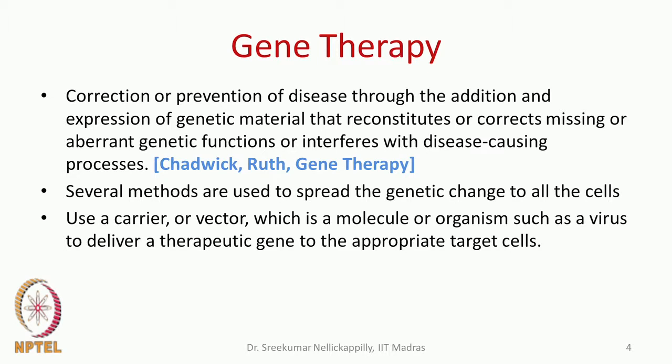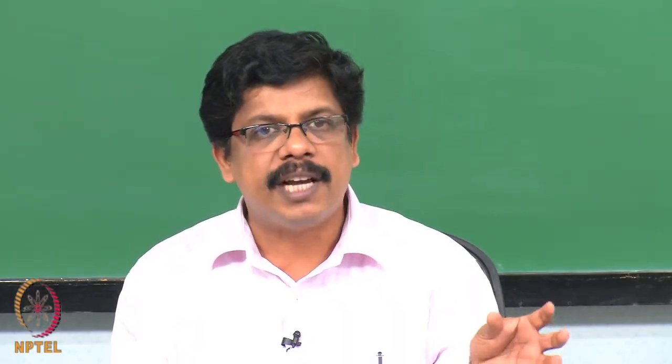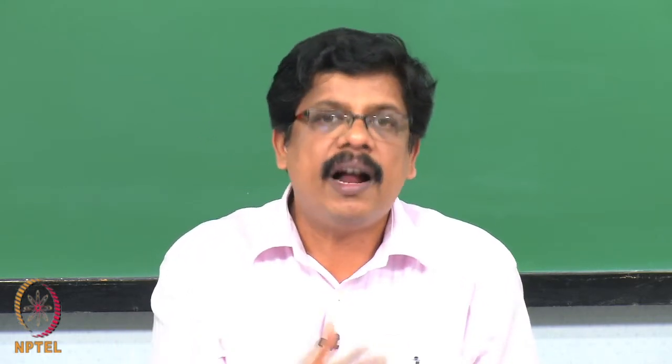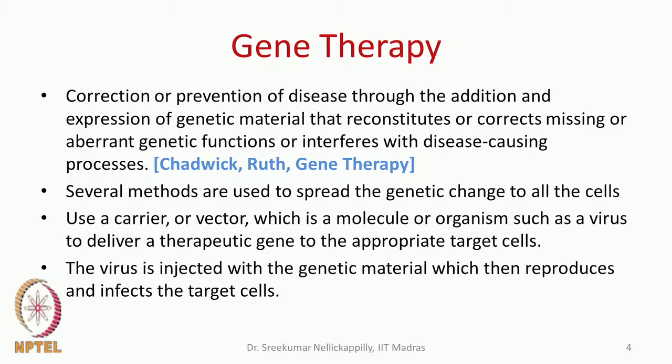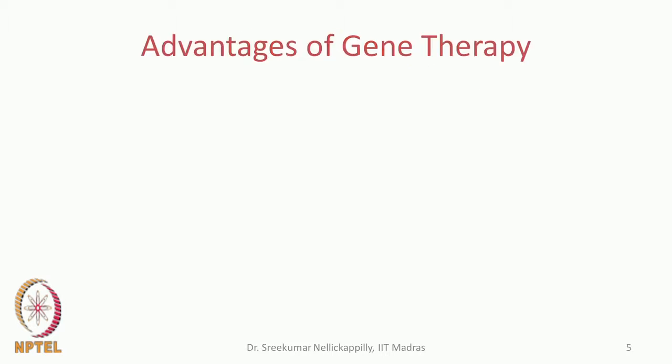For example, if there are certain cells, such as cancer cells, that we are planning to modify, or say in the liver or in the heart, where we are trying to make certain changes, these changes have to be made only in that particular organ, not anywhere else. So, what doctors do is inject the virus with the genetic material, which then reproduces and infects the target cells, and then does the needful, the desirable. So, this is how gene therapy is normally done, or rather the idea of gene therapy.